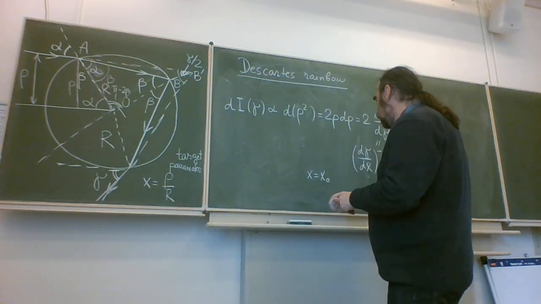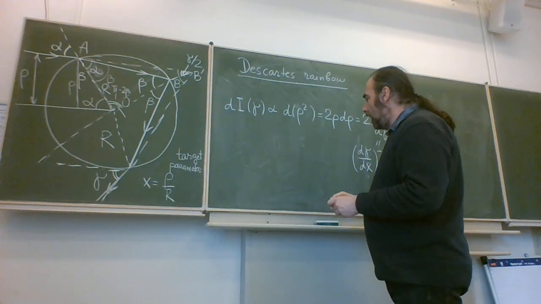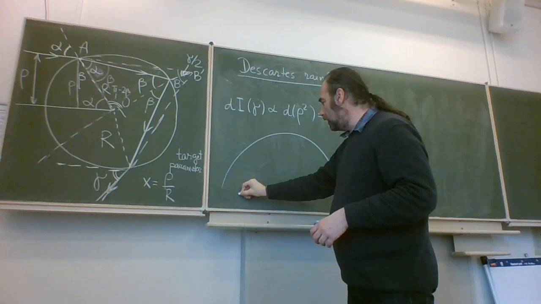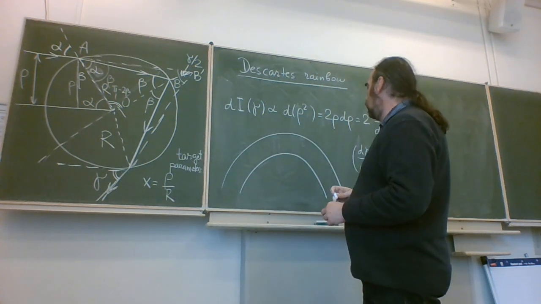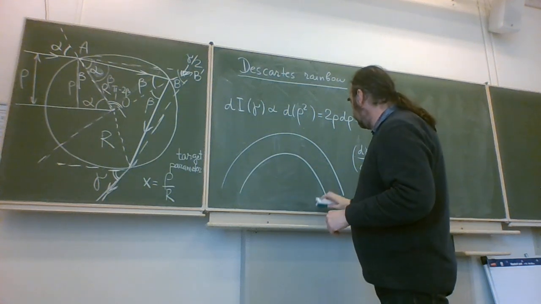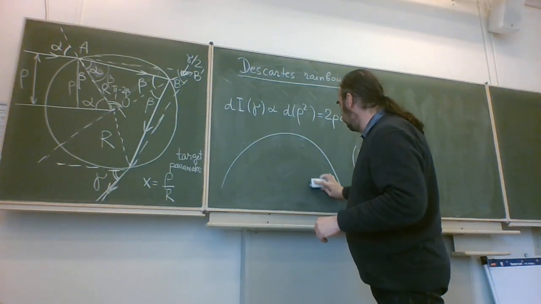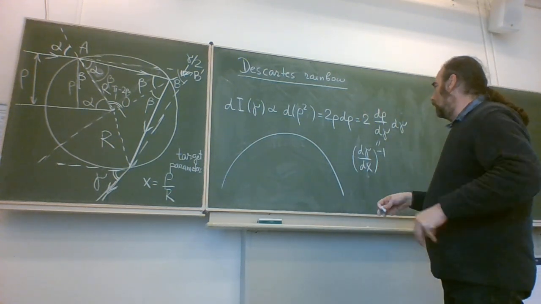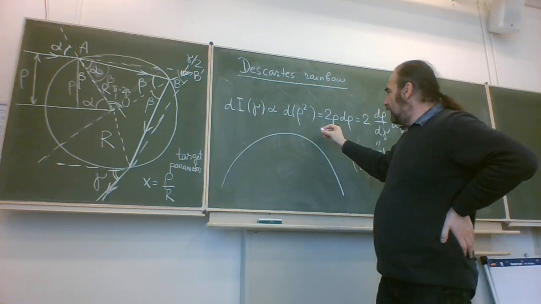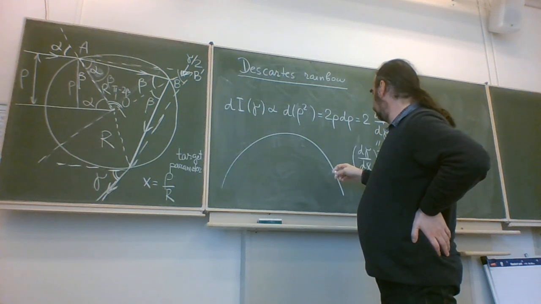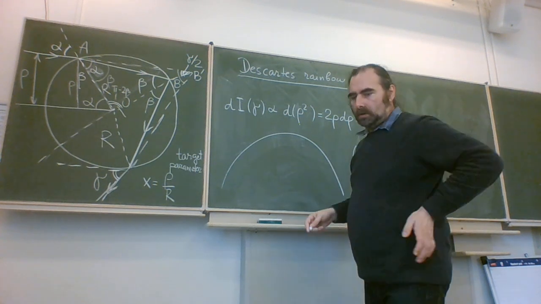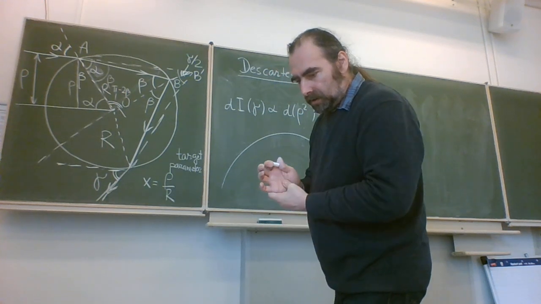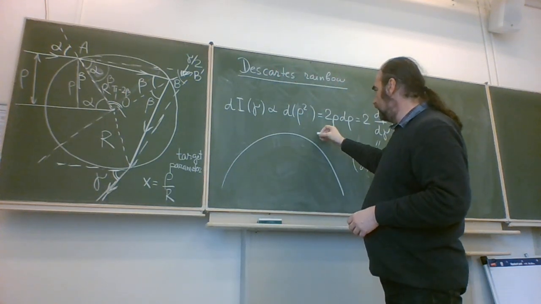And if we start drawing this primary rainbow, according to Descartes, let's maybe not draw everything. Let's only take one color to make things easier. We see that the intensity here is 0.